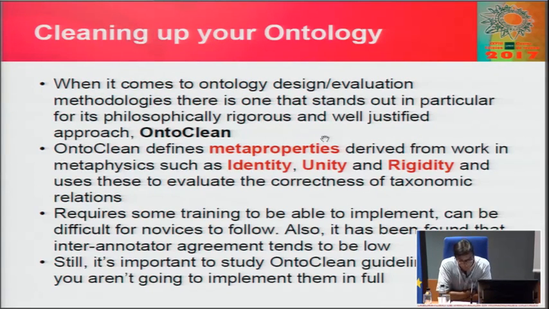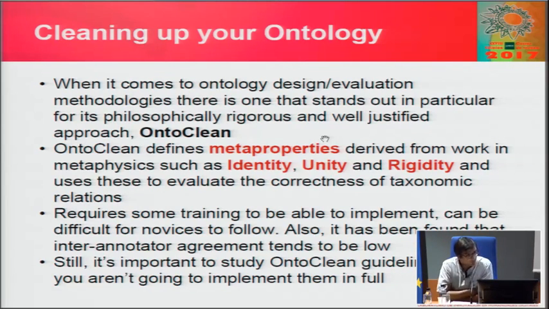And then, penultimately, when it comes to ontology design evaluation methodologies, there's only really one that stands out, both for its philosophical rigor and for the fact that there don't really exist too many other prominent ontology design methodologies.